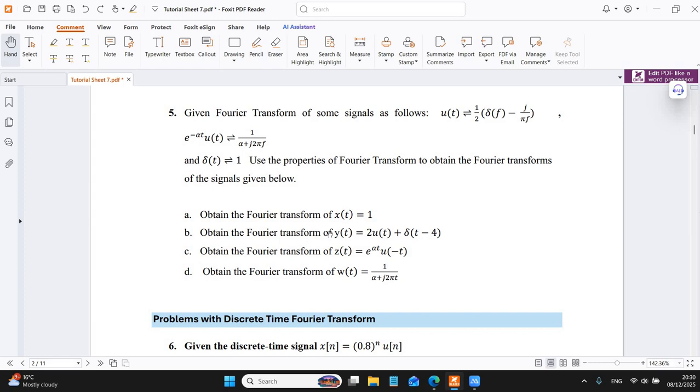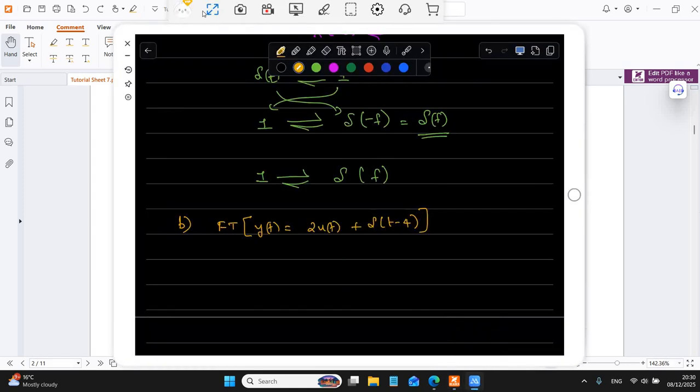Next, the second part is the Fourier transform of the signal y of t, where y of t is 2 times u of t plus delta of t minus 4. It is something like the previous problem, so it's very easy.